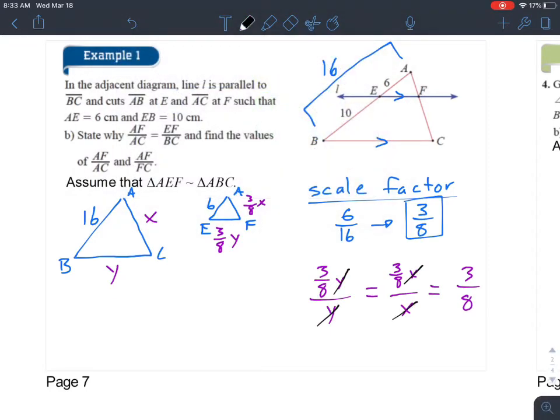We know then that we can cancel the y's, we can cancel the x's, and in this here, we get 3/8 for everything. And so that demonstrates that AF over AC has to be equal to EF over BC. And in fact, we were asked to find what their values are. All of those values had to be 3/8.